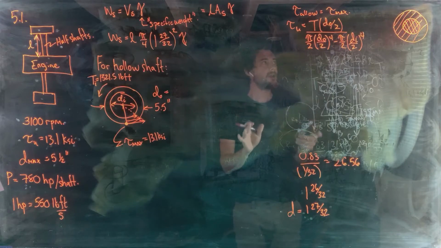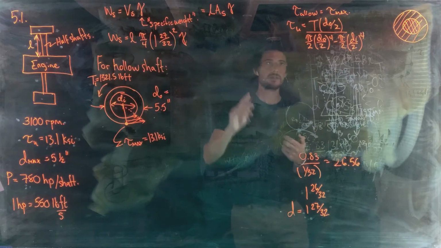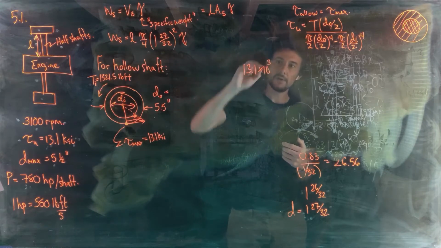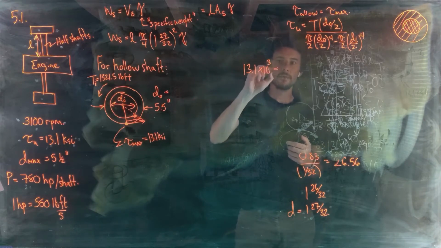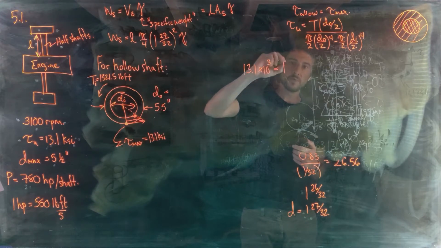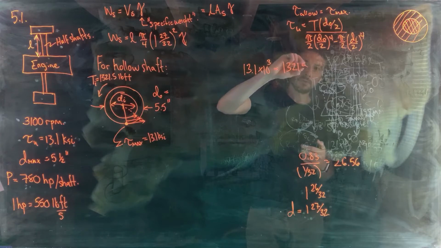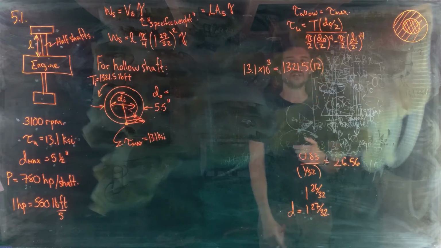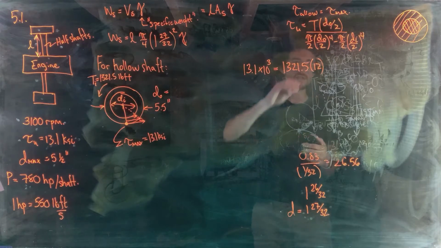Okay, let's fill in some numbers here. So we've got 13.1 times 10 to the 3, 13.1 KSI, in units of PSI, equals our torque, which was 1,321.5 pound-feet. We're multiplying that by 12 to change it into pound-inches.